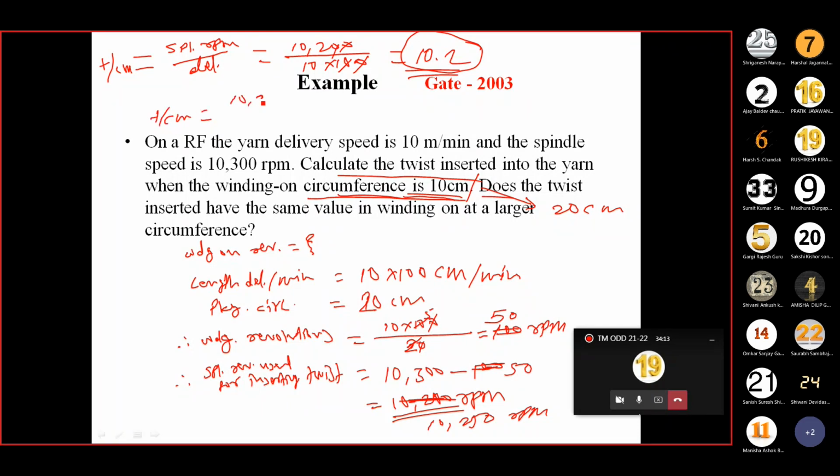It will be 10,250 divided by 10 into 100. How much is the answer?